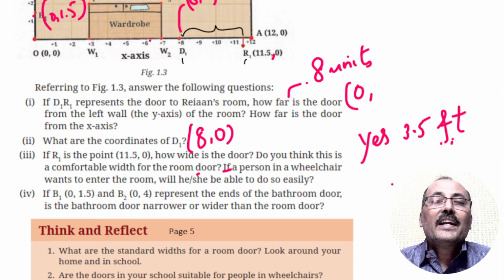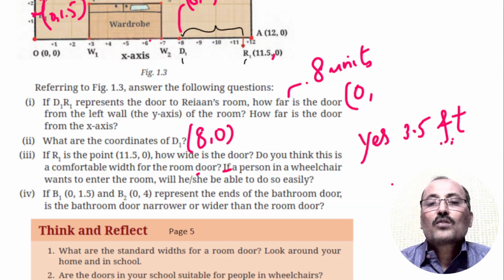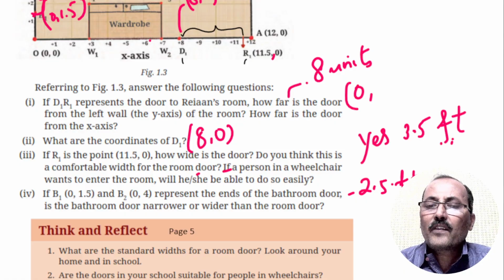How much? From B1 to this one, 1 to 2.5 feet. So the bathroom door is 2.5 feet. It is sufficient for walking, but will a wheelchair enter? No, it won't. At least it must be 3 feet to 3.5 feet to enter.